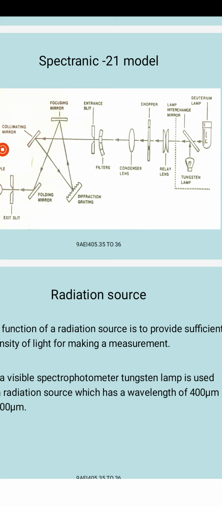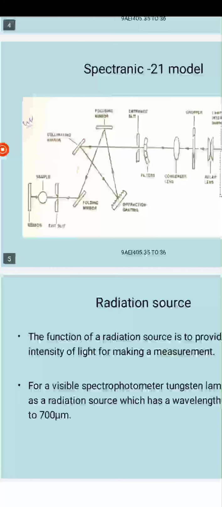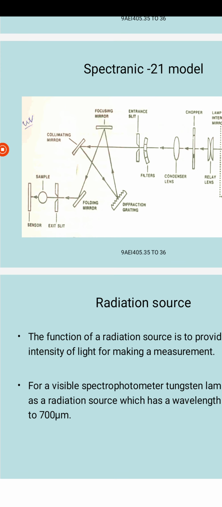That means separate isolated spectral energy is provided and is focusing onto the focusing mirrors, then onto the folding mirror. It will pass parallelly onto the exit slit, the exit slit onto the sample holder.